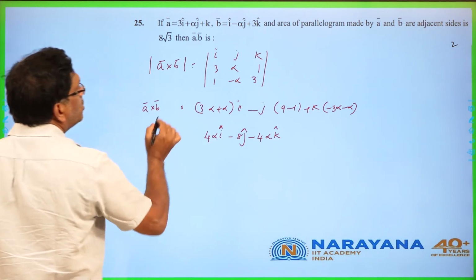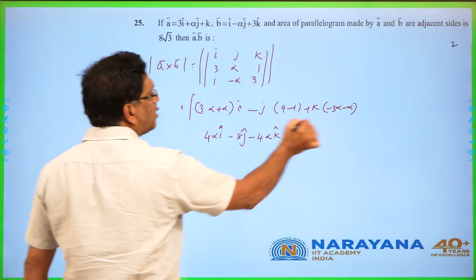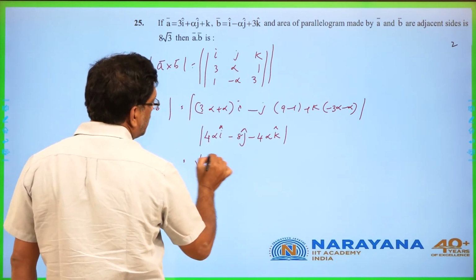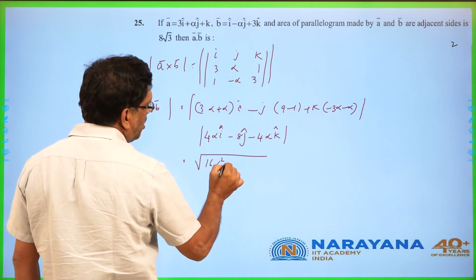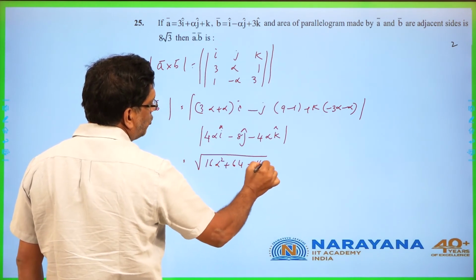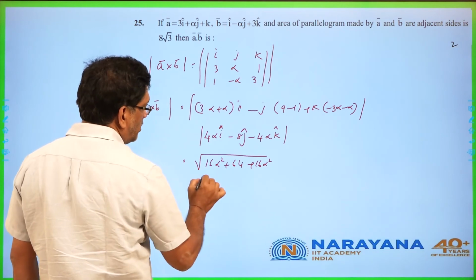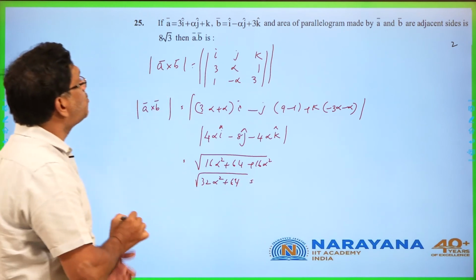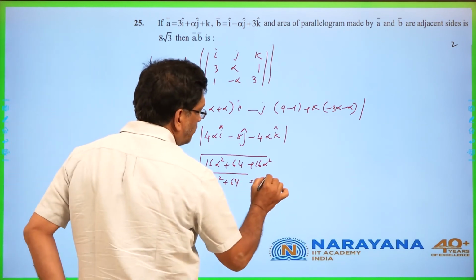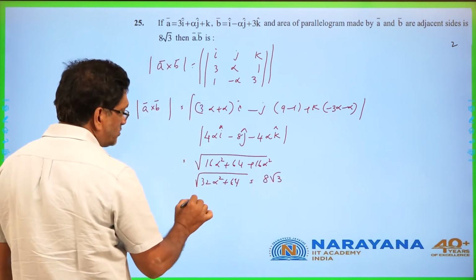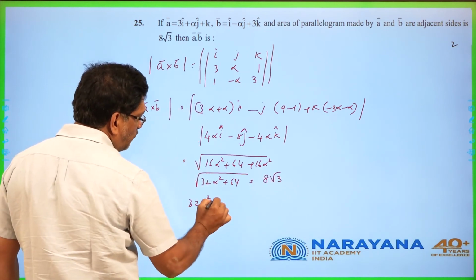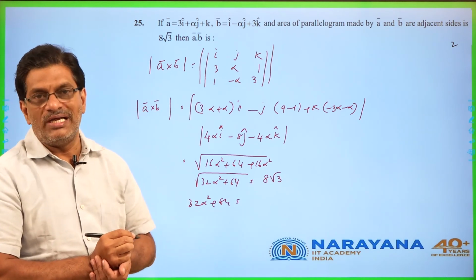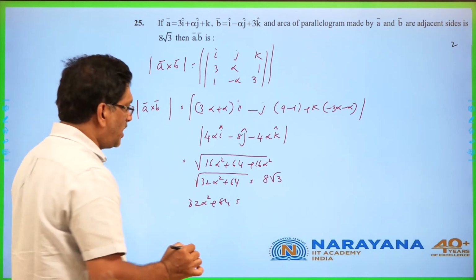Okay. So once again I am keeping the mod. You can write it like this. That is nothing but root of 16 alpha square plus 64, plus 16 alpha square. It is 32 alpha square plus 64, equal to, he has given, 8 root 3. Let us square it. If you square it, 32 alpha square plus 64 equals 8 into 8, 64 into 3, that is 192.